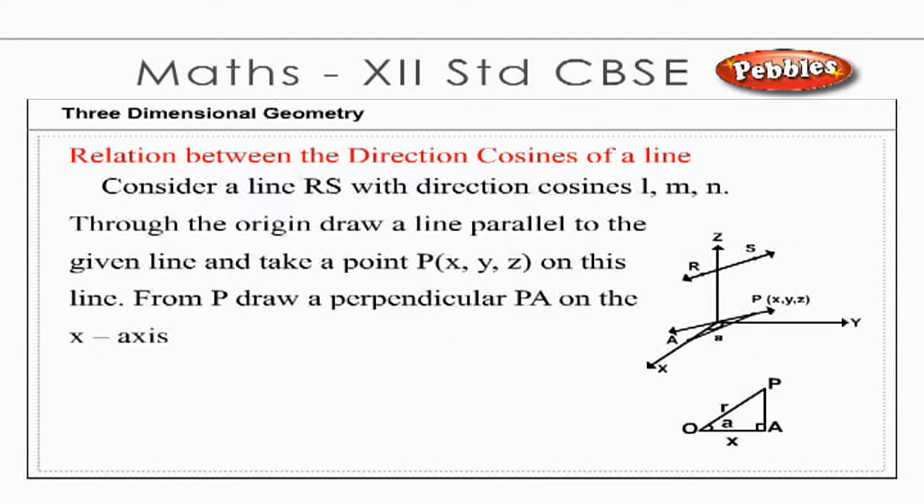Relation between the direction cosines of a line. Consider a line RS with direction cosines l, m and n. Through the origin, draw a line parallel to the given line and take a point P(x, y, z) on this line. From P, draw a perpendicular PA on the x-axis.